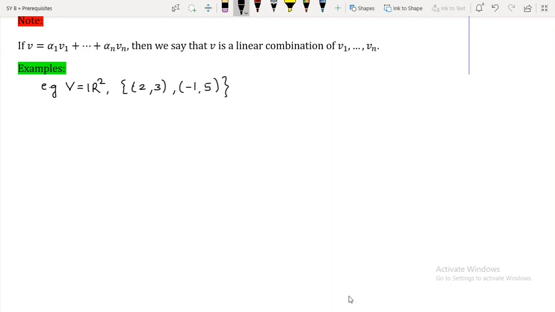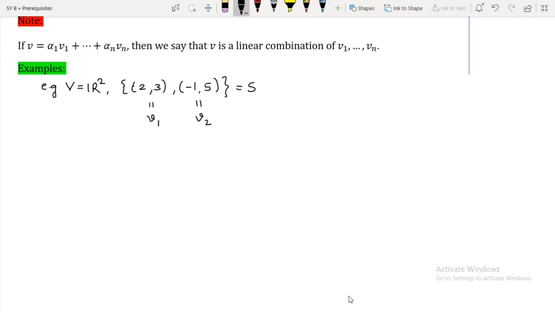I will call the first V1 and the second V2. So what will be the linear combination of these two vectors? I will call this set S.